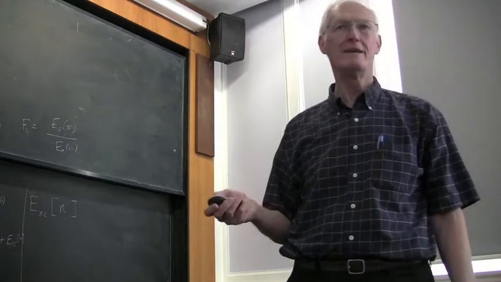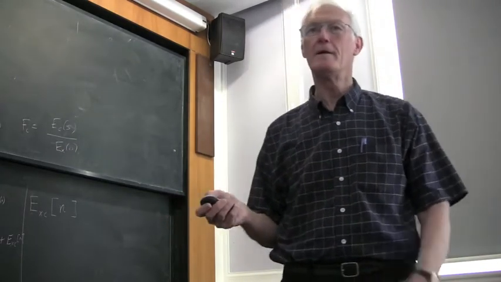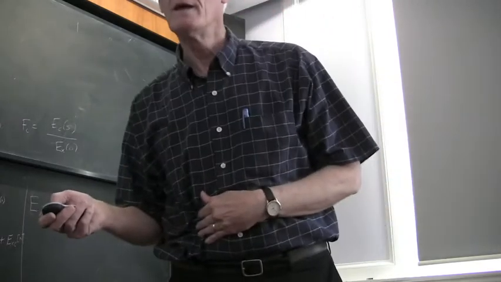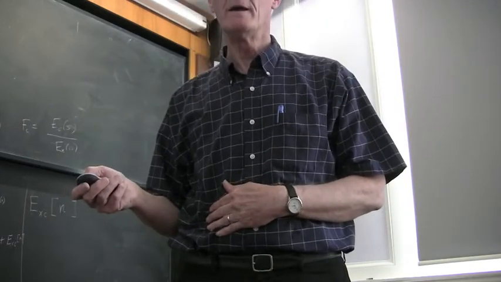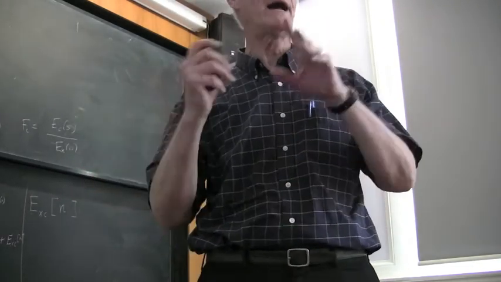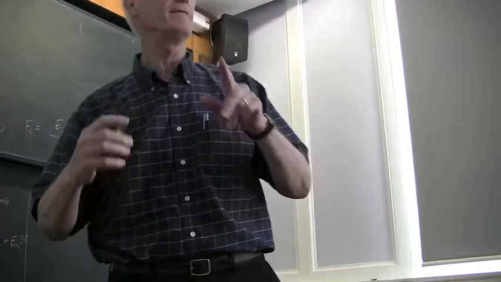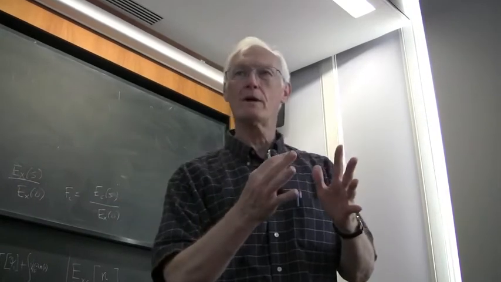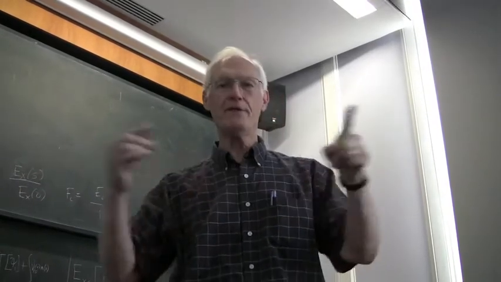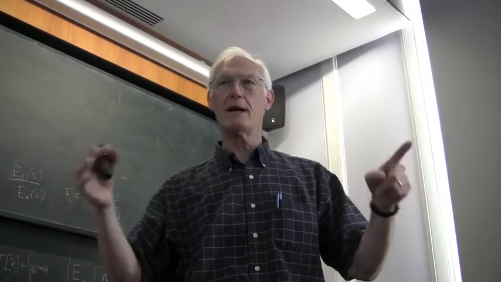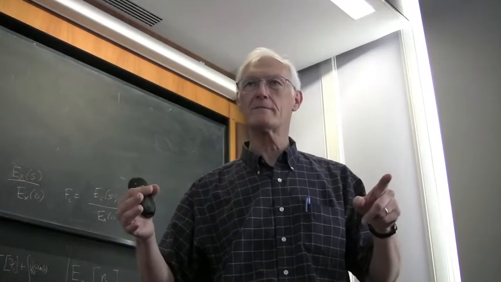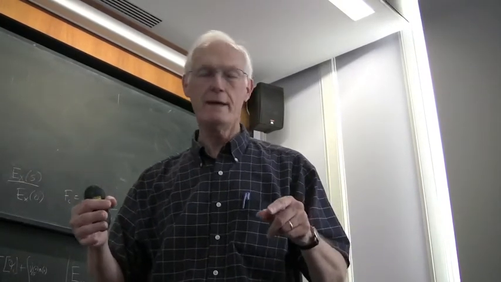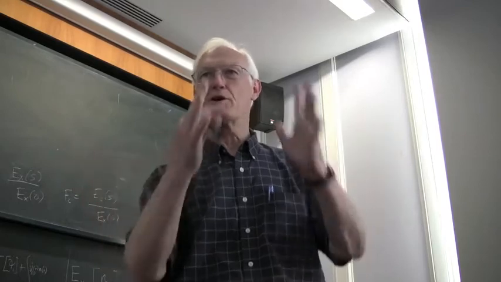Questions? Yes? So you said correlation goes as like 1 over R, but exchange goes as, is it 1 over R squared? No, I probably didn't say that quite clearly enough. So the kinetic energy always goes like 1 over R squared, and both the exchange and correlation should go like 1 over a distance, but in fact the exchange just gets bigger.